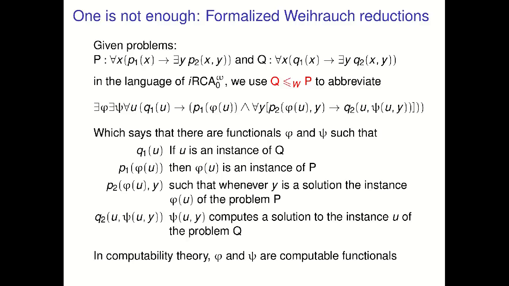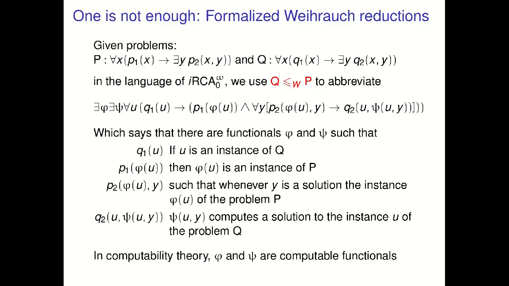So the fact that you've got these functionals is something you can state in the language, and this is why we needed the higher order stuff: so that we could say, yeah, I can actually find these functionals phi and psi, so that if u is a Q problem, then phi of u is a P problem, such that any solution to the P problem gives me a solution of the Q problem, computable from the original problem and the solution to the P problem. Okay. So basically all that this is saying is that Q is Weihrauch reducible to P.